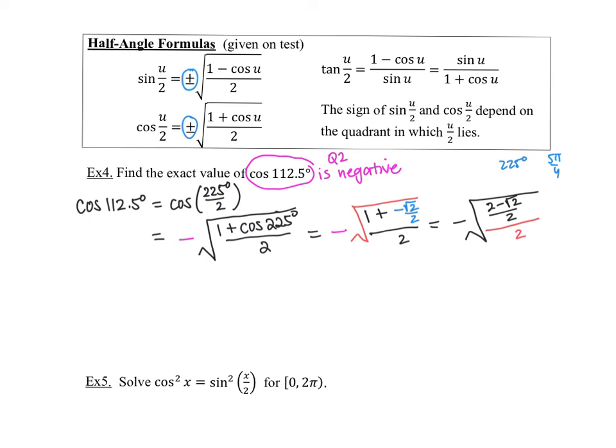I'm going to keep working with this, and your work could be different because I don't know how you work with fractions. I'm going to times by the reciprocal inside the radical. So I'm going to make this 2 minus root 2 over 2. Since I'm dividing by 2, I'm timesing by half.